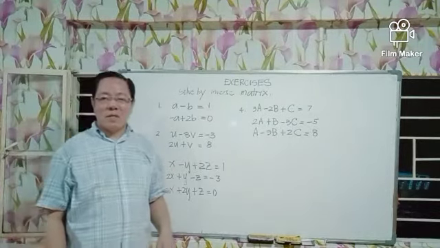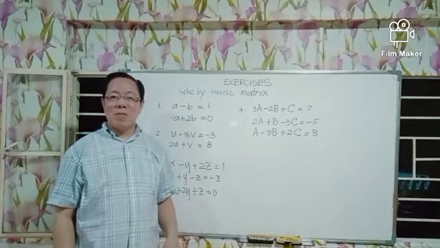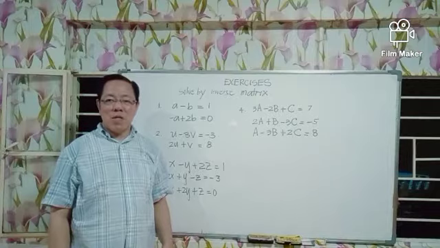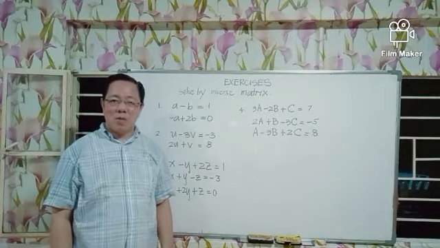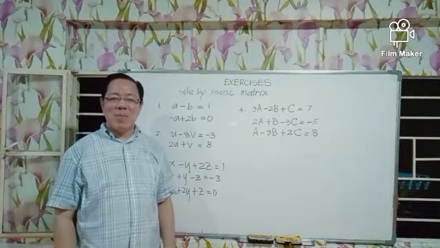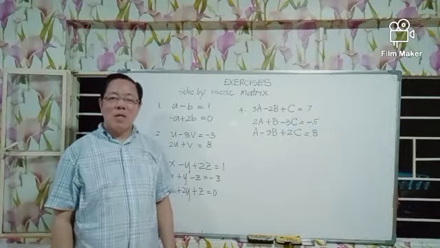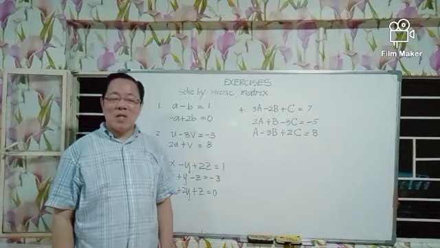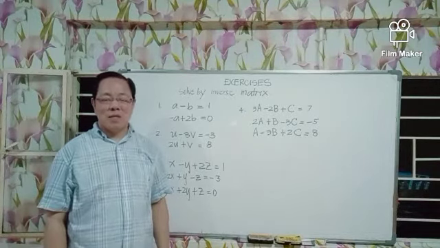The first step is to check whether the given system of linear equations has equal number of equations and number of variables. If the number of equations and the number of variables in the given system of linear equations are equal, then you proceed to solving the given system of linear equations by matrix inverse.